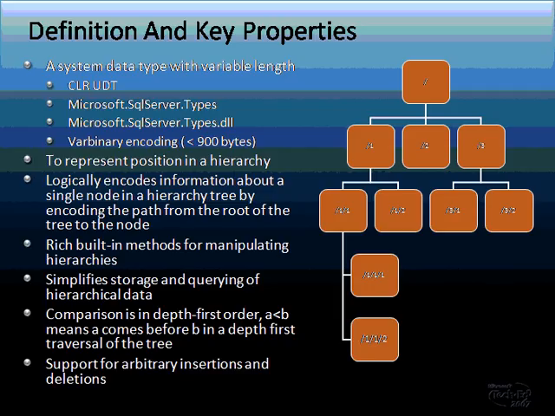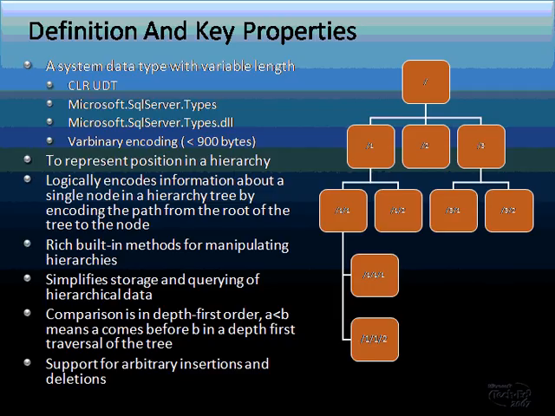This question is, what's the max number of siblings on any given level? I guess the question is, what's the maximum number of nodes you can create at any level? The answer is there's actually no limitation. As I said, we use a 900-byte varbinary to store the hierarchical ID value, and we have our own internal encoding semantics based on the logical hierarchical path information.